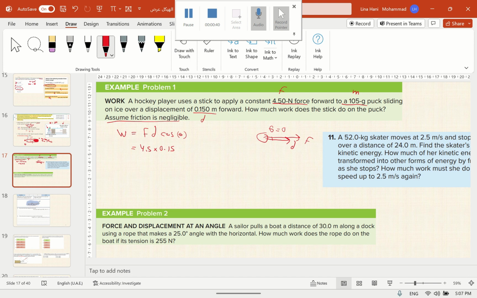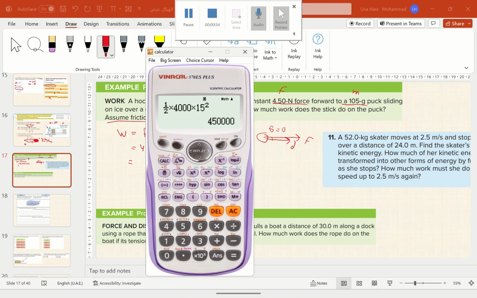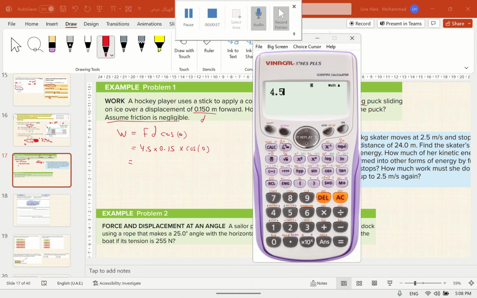So be careful about that. Girls, conversion is something we took in term 1, so you should be careful about the units. All right, times cosine the angle, and we said the angle between them is 0. Using the calculator, 4.5 times 0.15 times cosine 0 gives you 0.675.